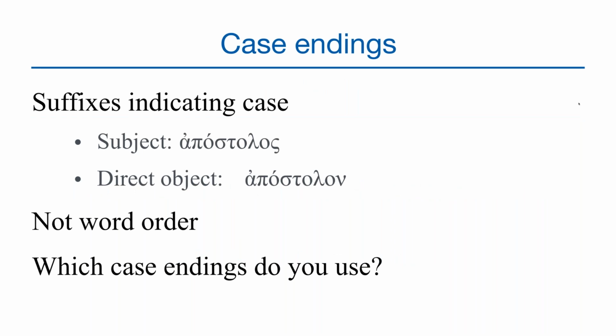So, case endings. A case ending is a suffix that tells you what case the word you're talking about is in. In English, our 2 main types of cases are the subject and the object.